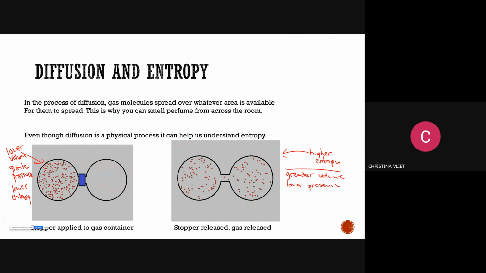And so the process of diffusion is a process of entropy. If you were to have perfume and you open it, over time, you're going to smell it over a large distance. If you leave that container open, what is that indicating? Whatever particles are evaporating out are spreading, and your nose senses them.